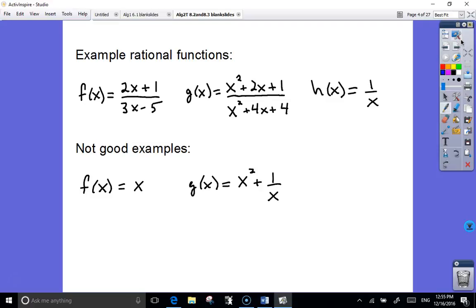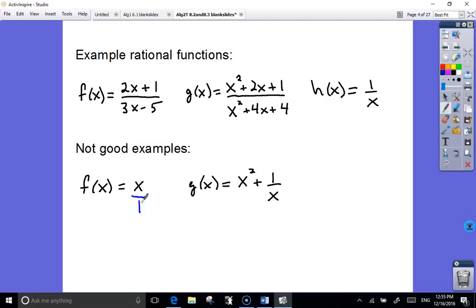The two that are not good examples: you could say that x is x over 1, couldn't that be a rational function? It's already a polynomial, so we don't need another category of function for it. We're really most interested when we've got variables in the denominator. That's what turns it into a rational function.